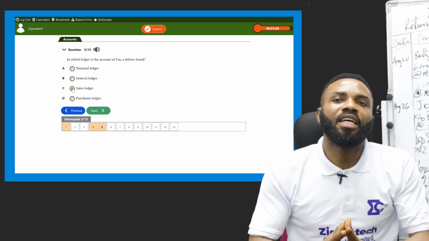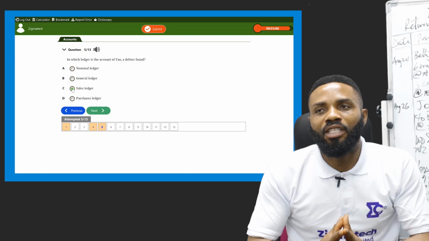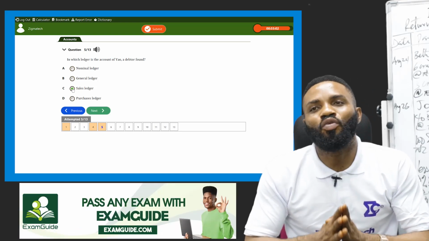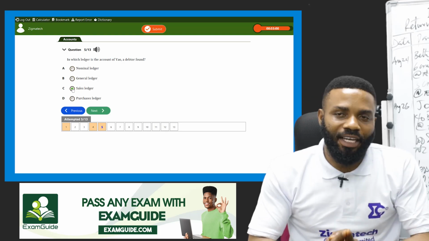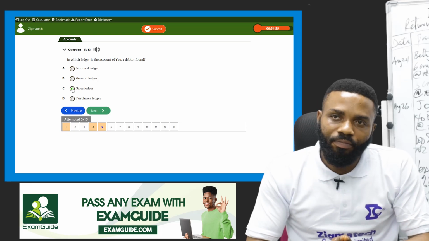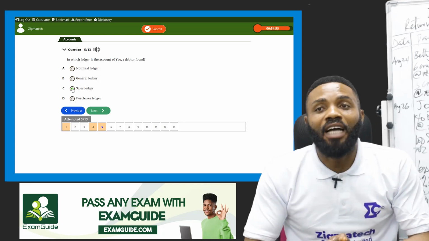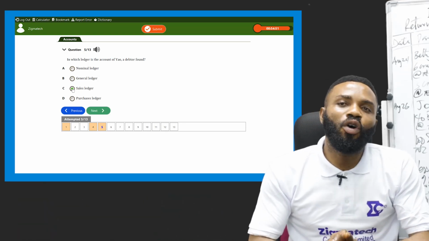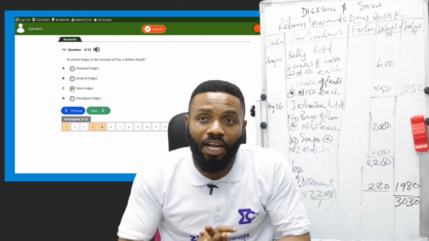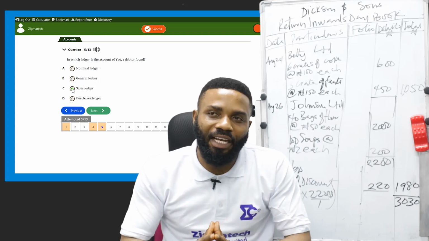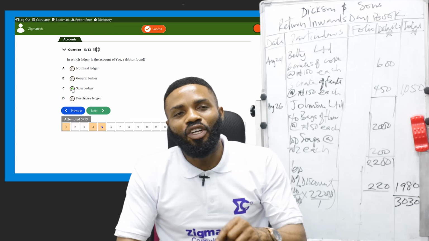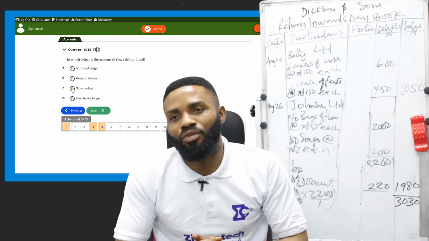I said the total of the return invoice day book will be transferred to the general journals, and it will be debited to the return invoice day book and then credited to our customers' account.